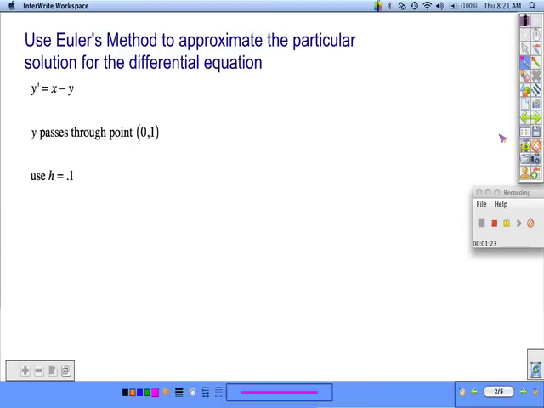So our derivative is equal to x minus y. We know that y passes through the point (0, 1), and we're going to use a step size of 0.1. So x1, we're going to do 0 plus 0.1, or 0.1. Our second x value will be 0.1 plus 0.1, or 0.2.